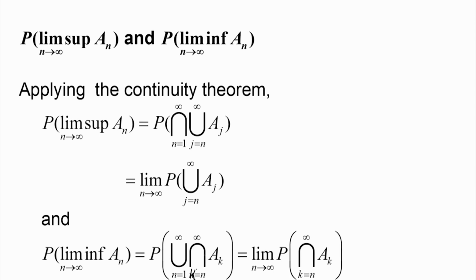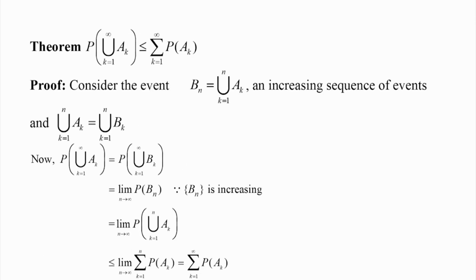Therefore, for this also we can apply the continuity theorem, and this limiting probability will become the limit of the probability of the intersection of A k, k going from n to infinity. So, that way we can find out the probability of the limiting events lim sup of A n and lim inf of A n as n tends to infinity.